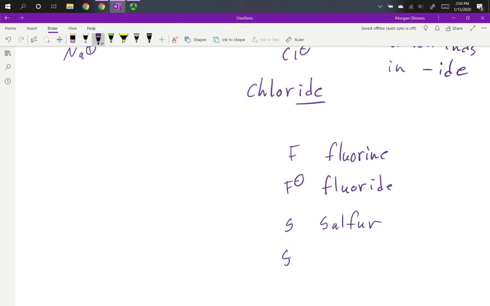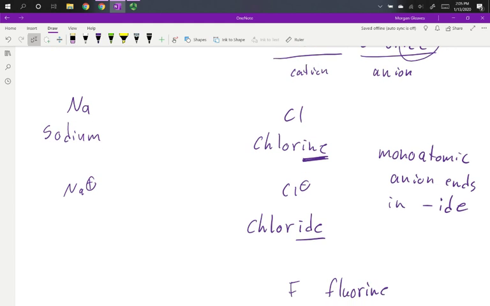Sulfur, when it becomes S2-, if we think back to its column on the periodic table, it's 2 in from the noble gases, so it's got a -2 charge. The UR goes away and we become sulfide. Your oxygen becomes oxide, your nitrogen becomes nitride, your phosphorus becomes phosphide. IDE is what is used when you have a single atom anion.